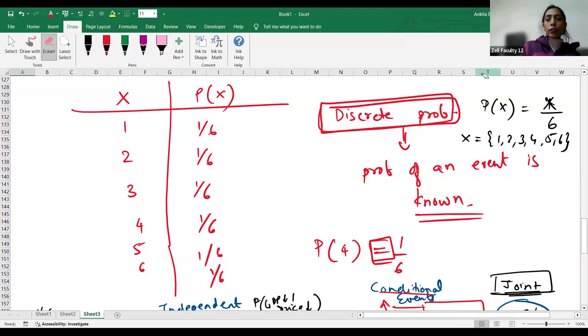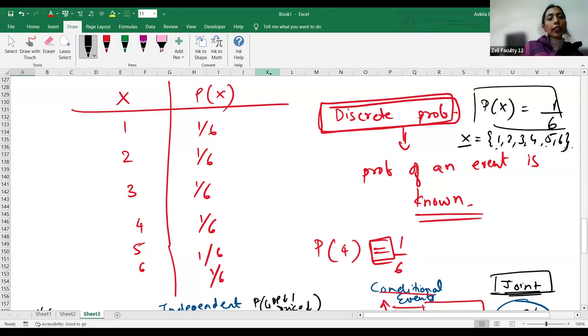So the probability of 1 is also 1 by 6, and 2 is also 1 by 6. So I can write the whole thing in the form of a function.